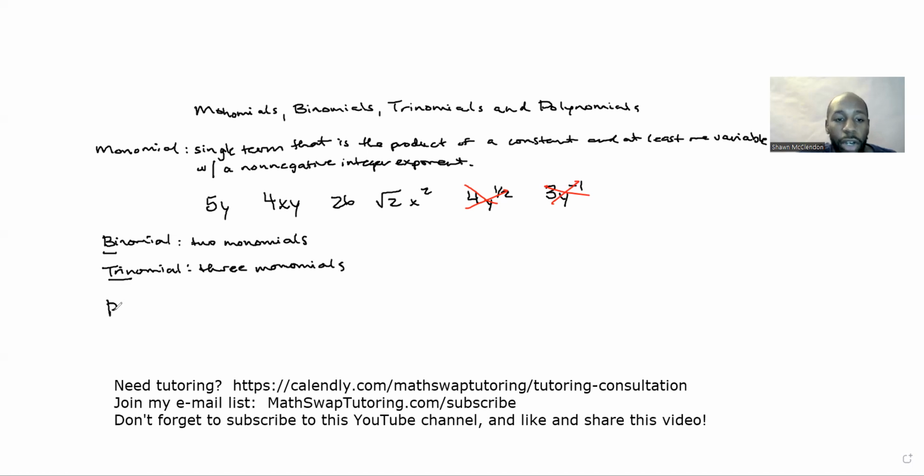What about a polynomial? A polynomial, poly means many. So it can be one monomial, or two, or three monomials added together.